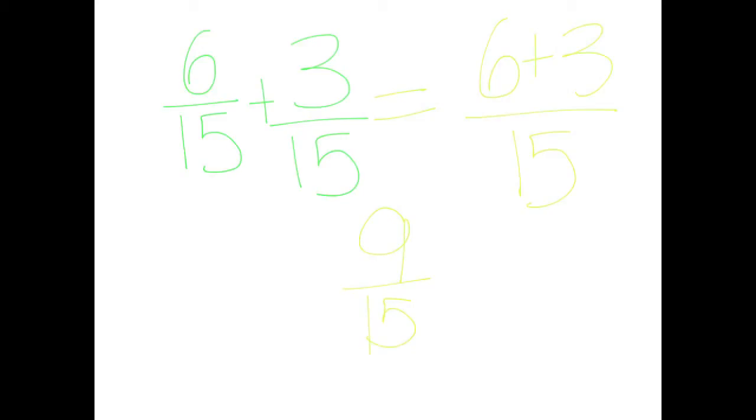And we always have to simplify our answer, so we're going to divide those both by 3 to get 3 over 5. And so your answer is 3 over 5.